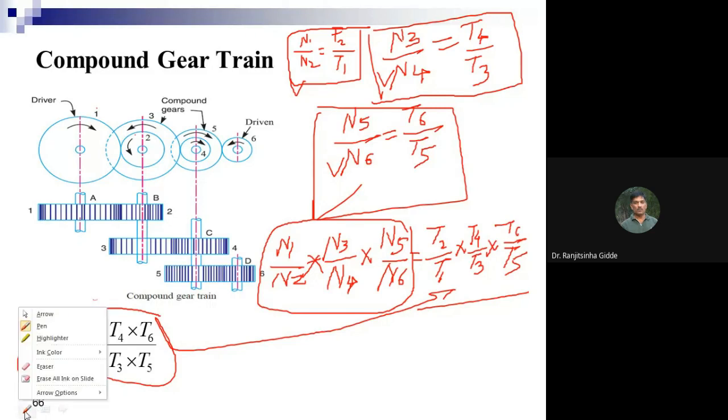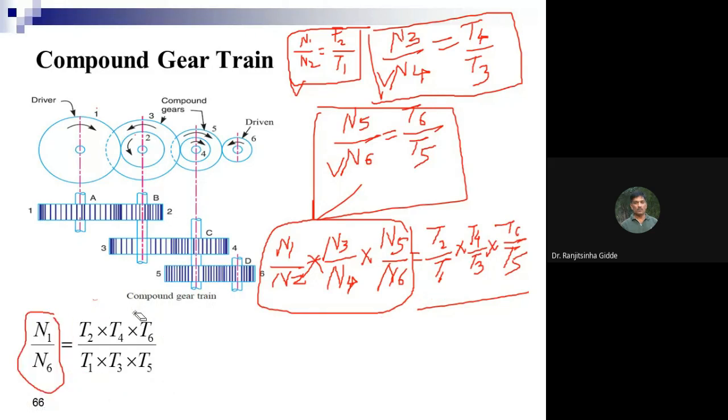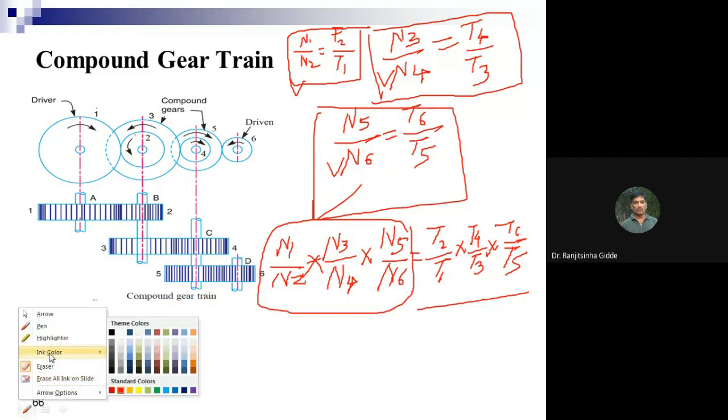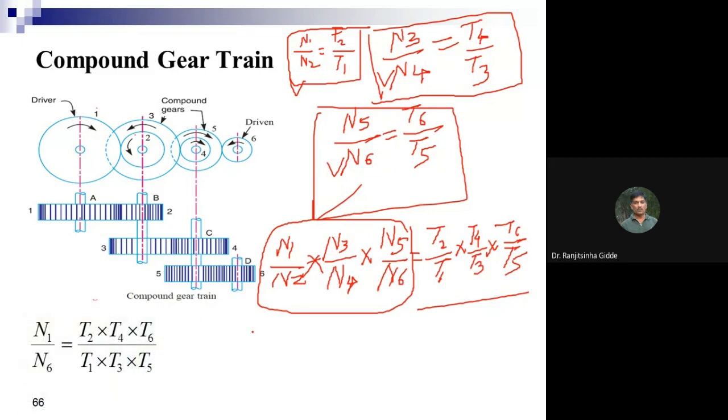So n2 and n3 will be the same, because those are mounted on the same shaft.